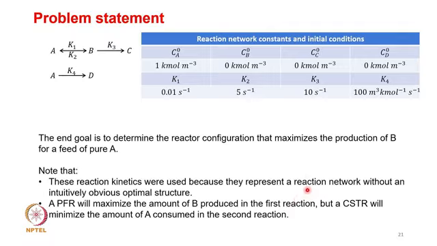If you look at it individually, a PFR will maximize the amount of B produced in the first reaction, yes, but a CSTR will minimize the amount of A consumed in the second reaction. So there are conflicting objectives. How can we use them together?